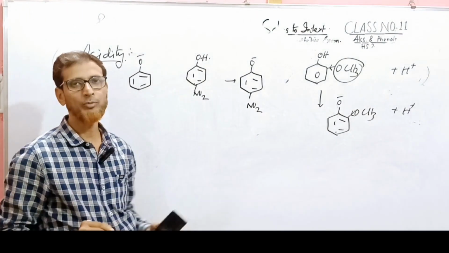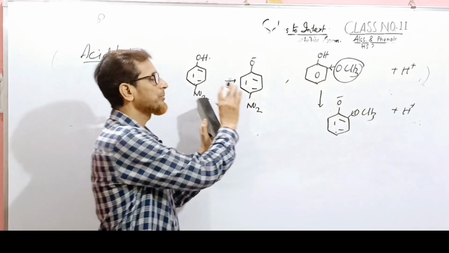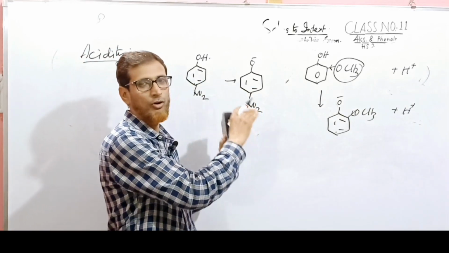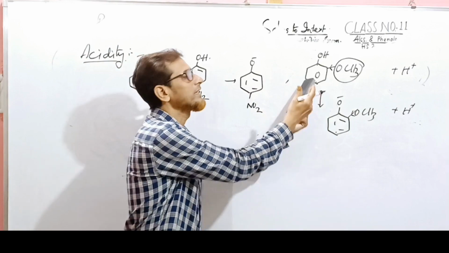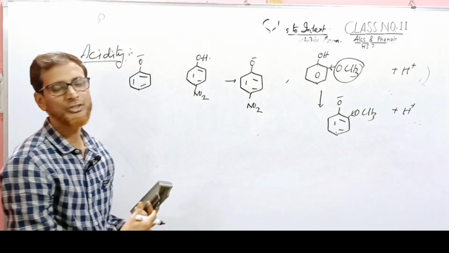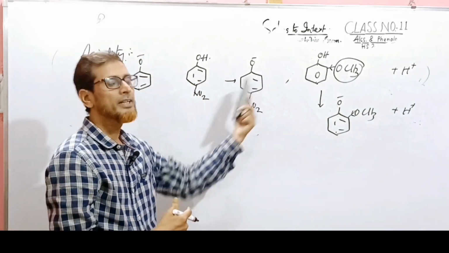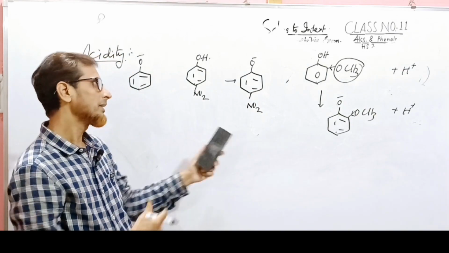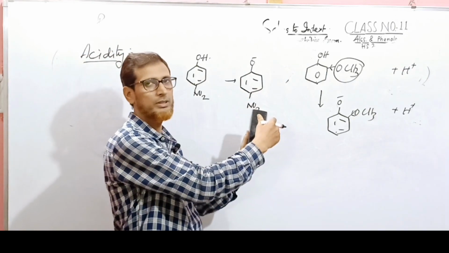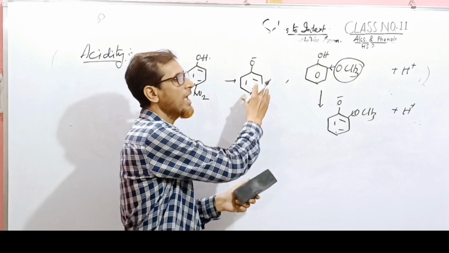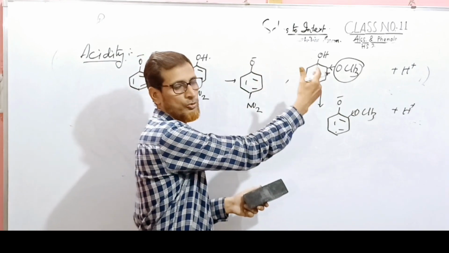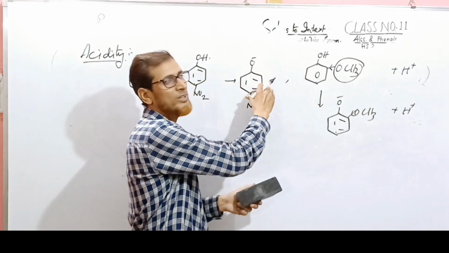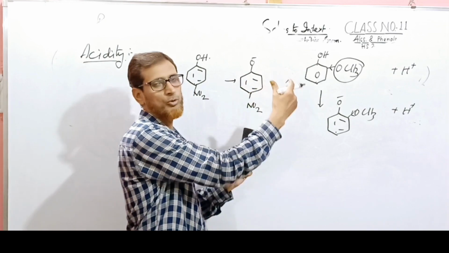A bit earlier I told you that a species will be more acidic if, on release of hydrogen, its negative part gets stabilized. If the stability of that negative part is more, then the compound itself is more acidic. If it is happy after releasing H as a proton, then obviously it will release hydrogen as a proton very easily.